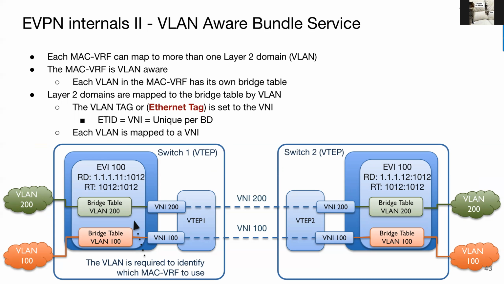So VLAN aware bundle, this is used frequently with our customers. And the difference being, instead of 1-to-1, now we're N-to-1. The way we do this is using this Ethernet tag, which you might remember seeing when we looked at the fields. This Ethernet tag will be set to the VNI, not to the VLAN.